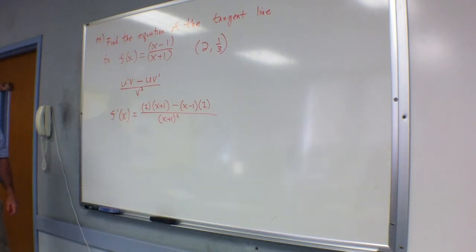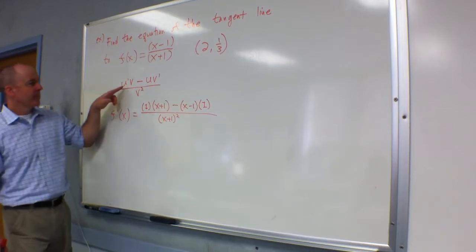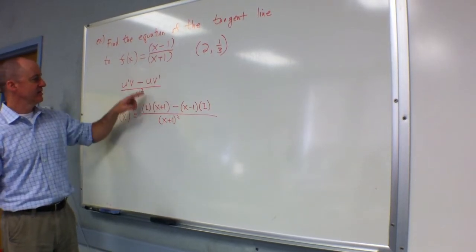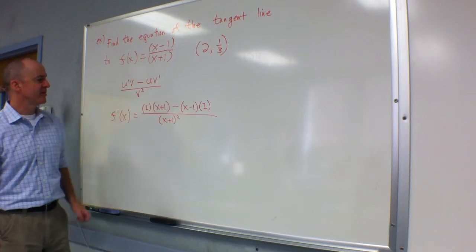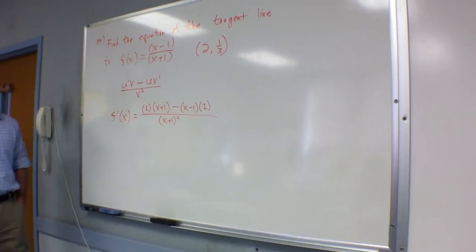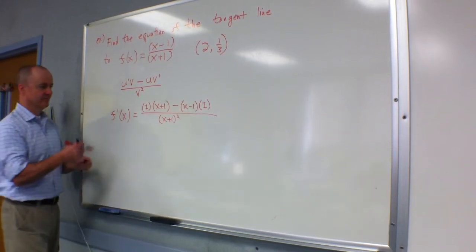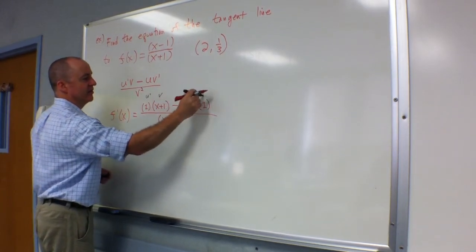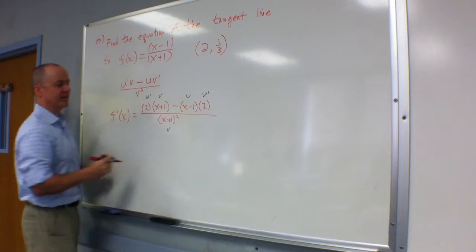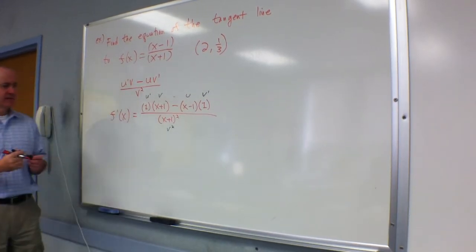Did I keep track of my pluses and minuses correctly? I was honestly a little worried about that. u prime v, it's on the bottom, uv prime, u, the one on the top, x plus 1's on the bottom, v squared. Any questions so far? It'd help if I write the u prime, the v, the u, the v prime, and the v there, as I do that to double check.